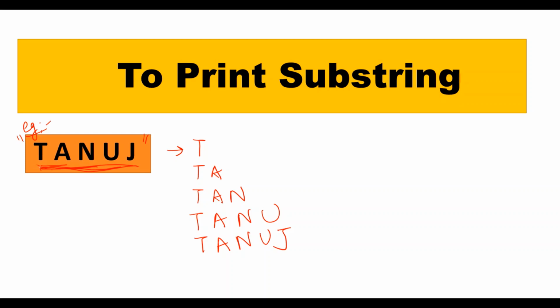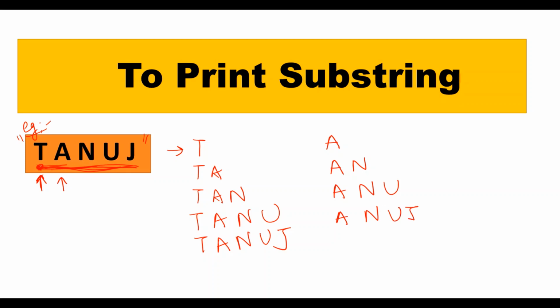Now here we have taken from one character to the length of the string, which is 5 characters. And now we have covered the first character. Now we will take the second character, which is A, AN, ANU and ANUJ.